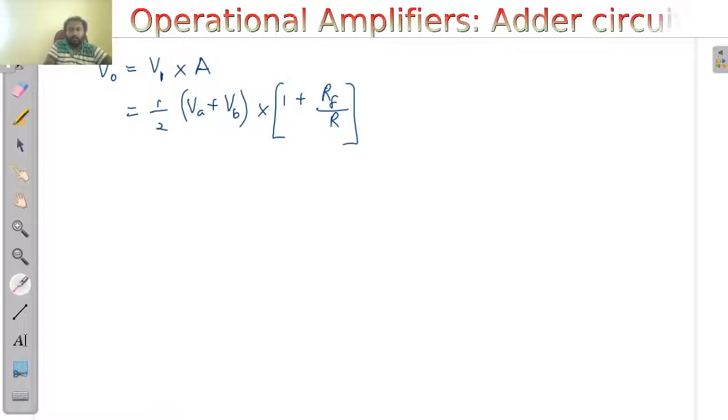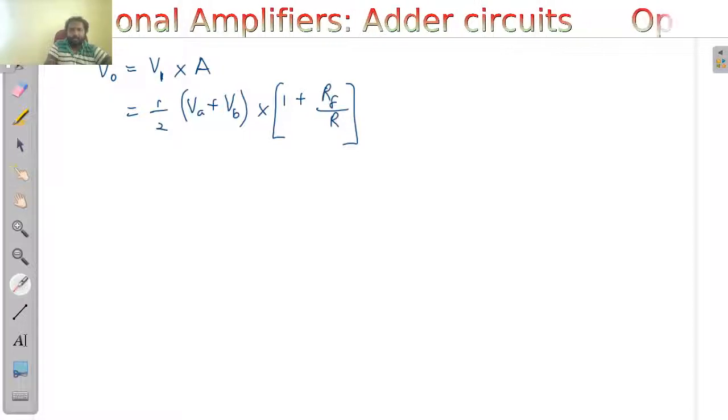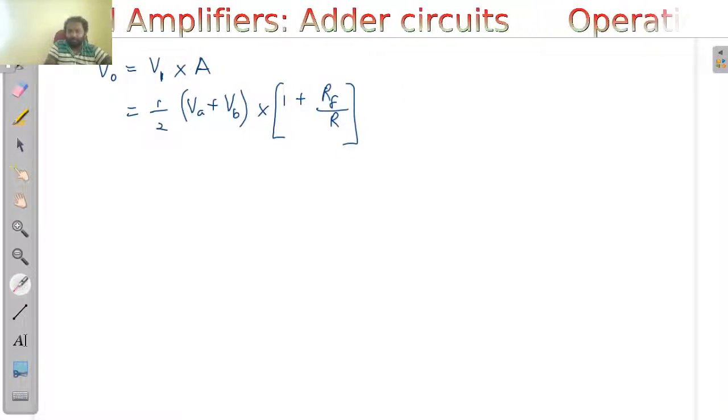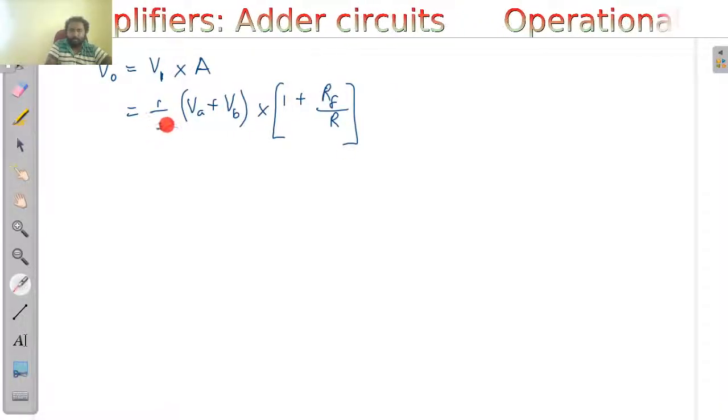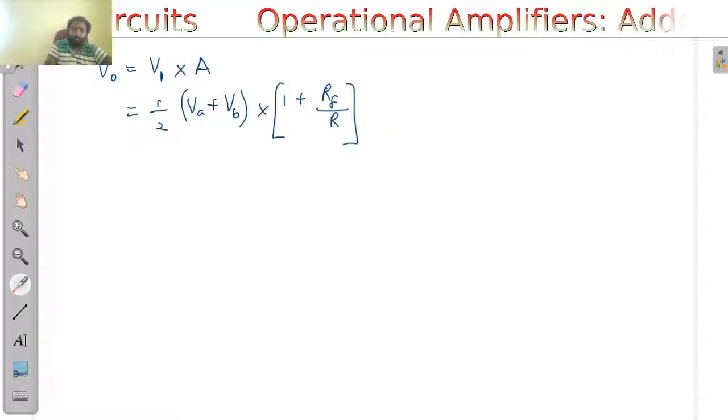If you put 1 plus RF by R equal to 2, then if you design the RF and R in such a way that 1 plus RF by R is equal to this denominator here, that is 2, then it will be working like an adder in non-inverting configuration.